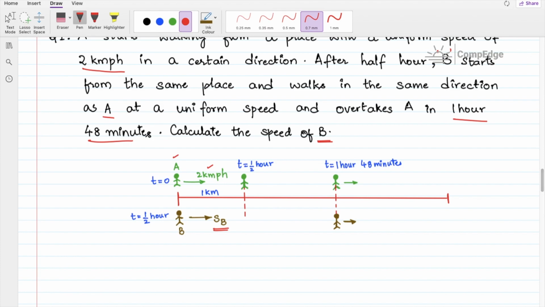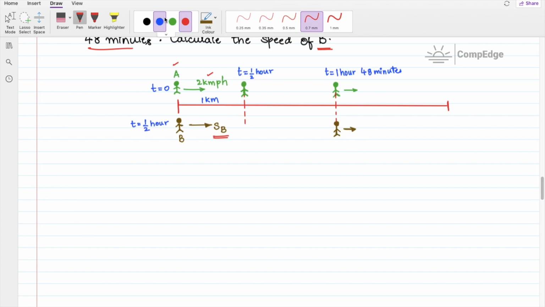So how to use the relative speed concept here? What is the relative speed of B with respect to A? The relative speed of B is nothing but SB minus SA, that is SB minus 2.